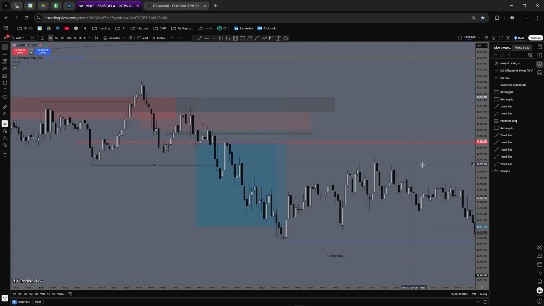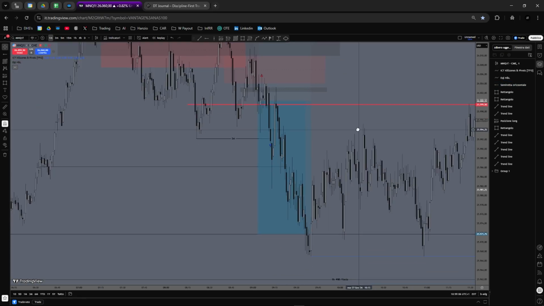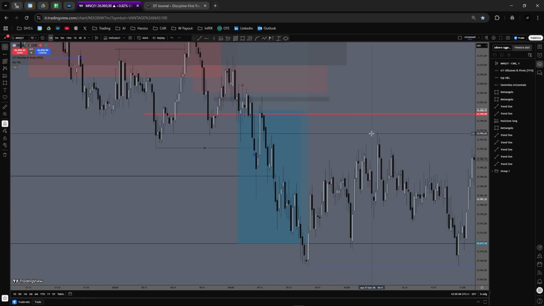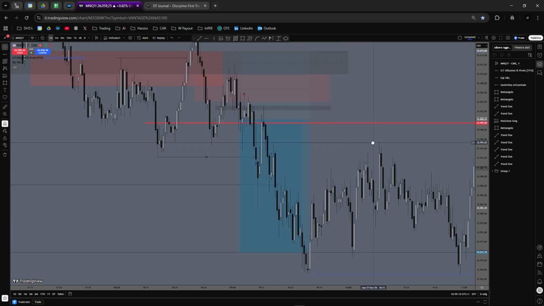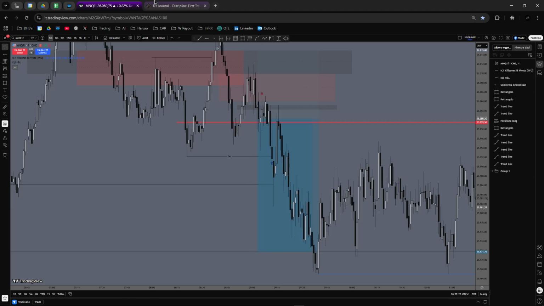And yeah, I got stopped out, I got break even here on this wick, because it was more or less I think here. The only thing was this was my first take profit, so price fled down. I could have closed partial here, but yeah, this was unfortunate.